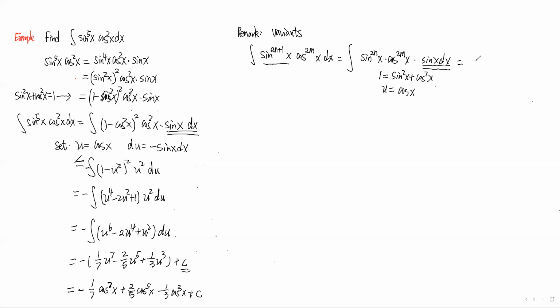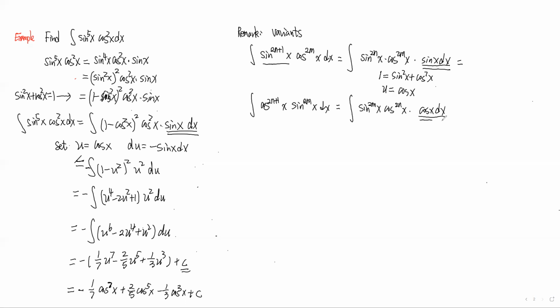Okay. Or another variant: cosine to the power 2n plus 1 of x, sine to the power 2m of x, dx. This means that for cosine, the power is an odd number. The method is the same. You separate sine 2m x cosine 2n x, and we separate one cosine x dx.